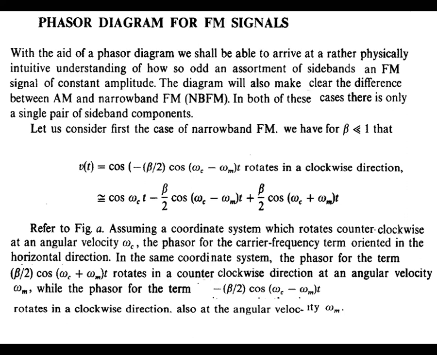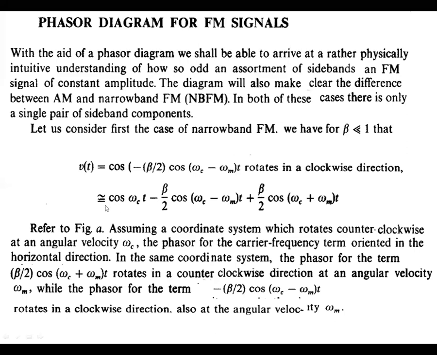That rotates in the clockwise direction. So approximately the equation is cos omega ct minus beta by 2 cos (omega c minus omega m) t plus beta by 2 cos (omega c plus omega m) t. We take omega c plus omega m of t and omega c minus omega m of t along with the carrier omega c.